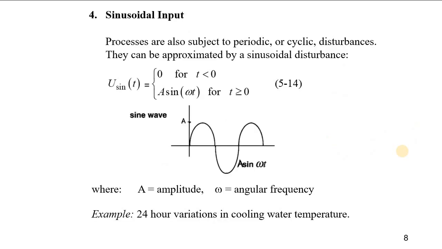What other inputs do we have? We have an input which could look like a sine wave, and we already also discussed that. And as a sine wave in the time domain, if you just go to Laplace tables, you're going to find that this is just taking the a outside of the term, and this is s squared plus omega squared, right? S squared plus omega squared.